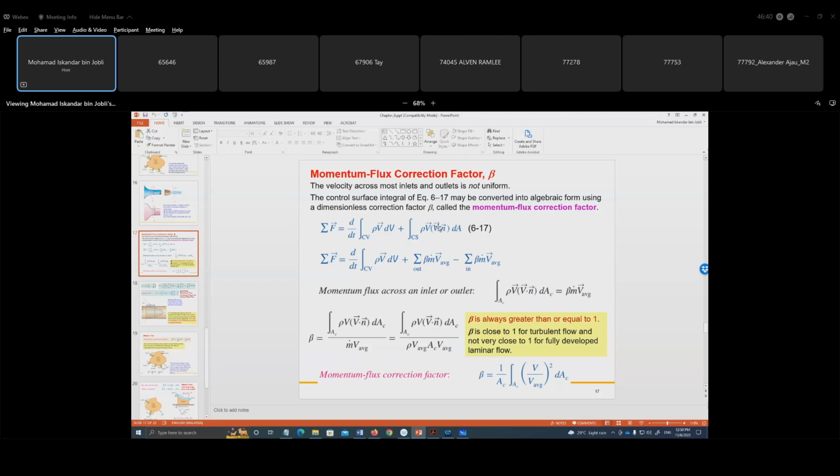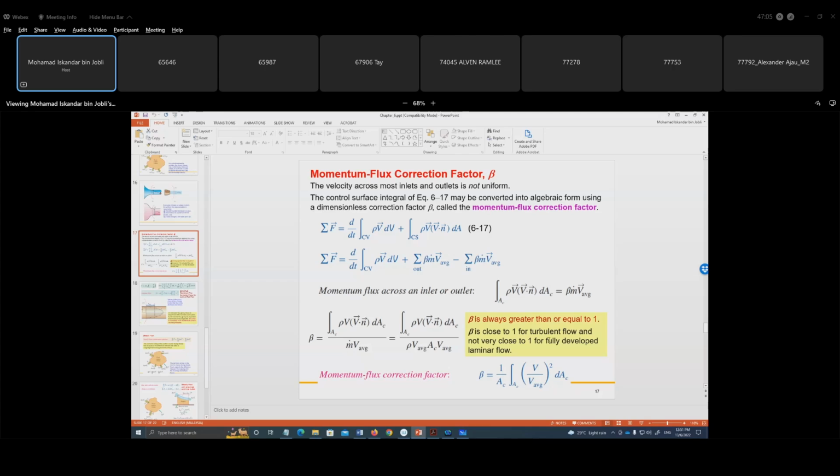You can expand the surface here, with regard to the flow at the exit minus the flow at the inlet, using the correction factor beta. The correction factor is given; it depends on what type of flow you're dealing with.